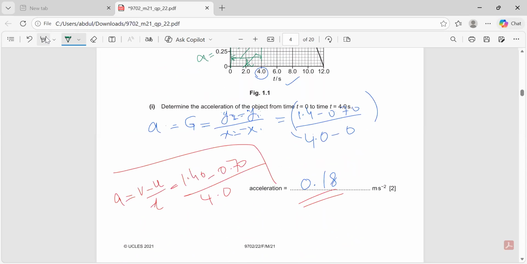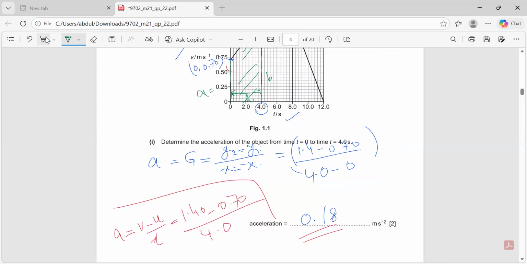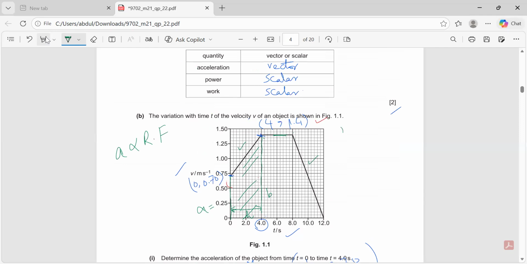See, I have calculated the acceleration from 0 to 4 seconds already, and that is 0.18 meters per second square.